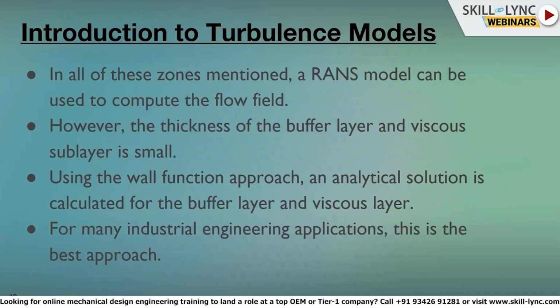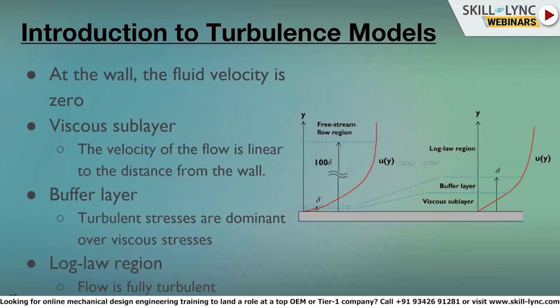RANS is one of the best approaches for many industrial applications because of its computational efficiency. Why? Because the viscous layer and buffer layer are small regions near the wall, which in most cases are not resolved using a computational mesh. These two regions are resolved using a wall function approach.